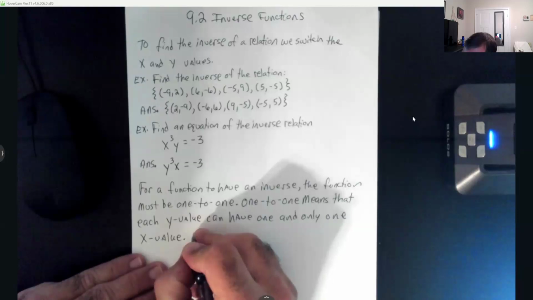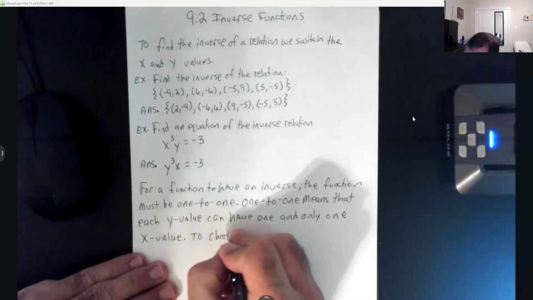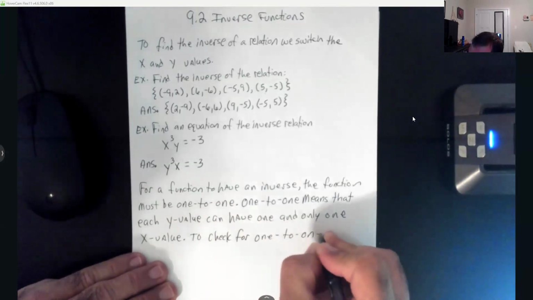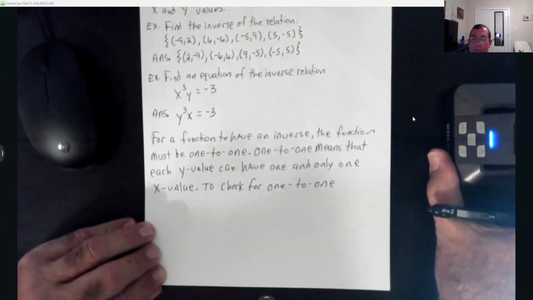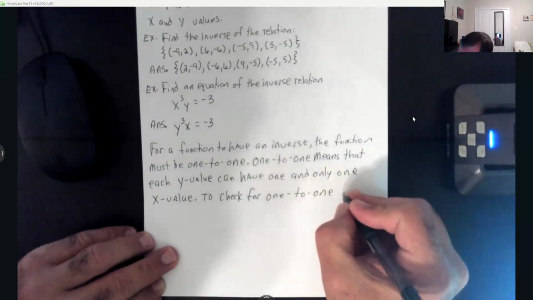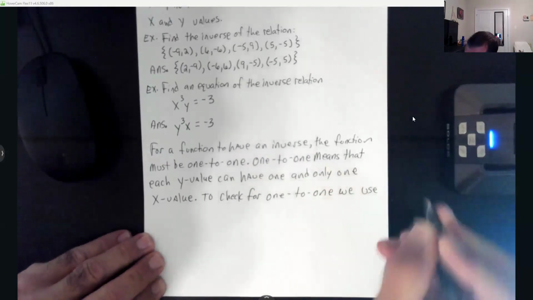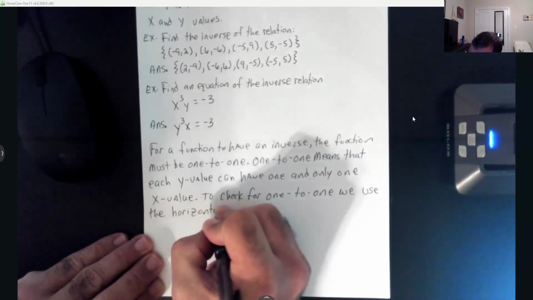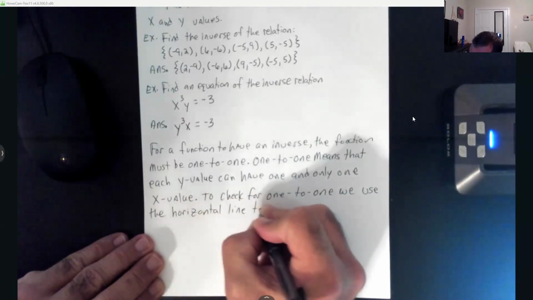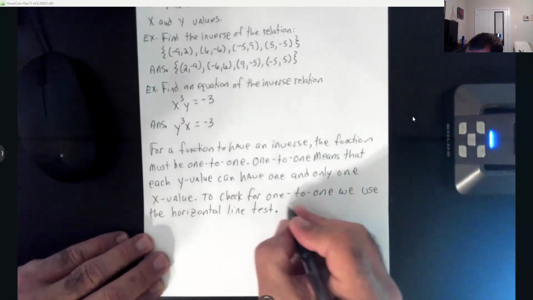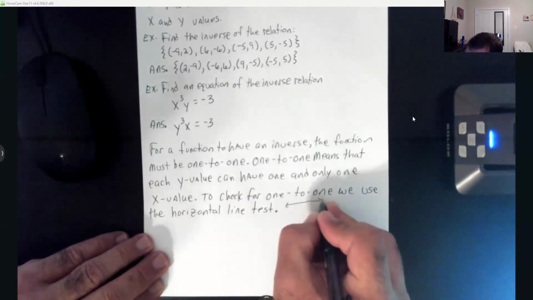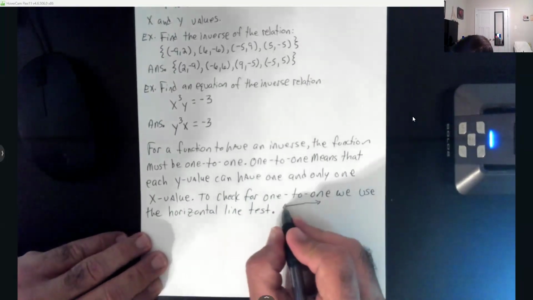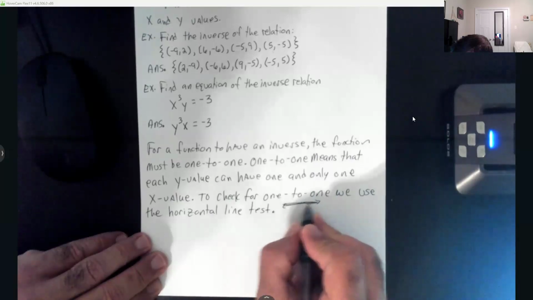So to check for 1-to-1, we use the horizontal line test. And y'all remember, horizontal lines are the ones that go straight across left to right, okay? Whoops, mine's not too straight, but y'all get the idea.